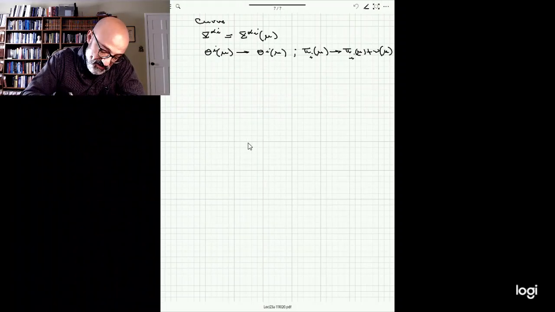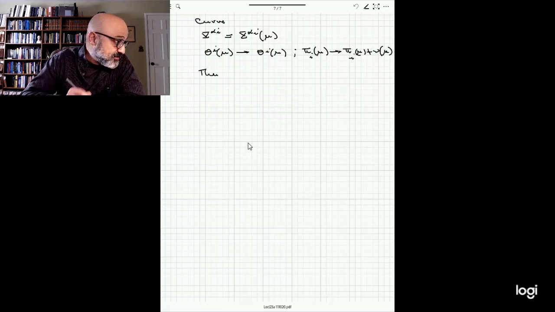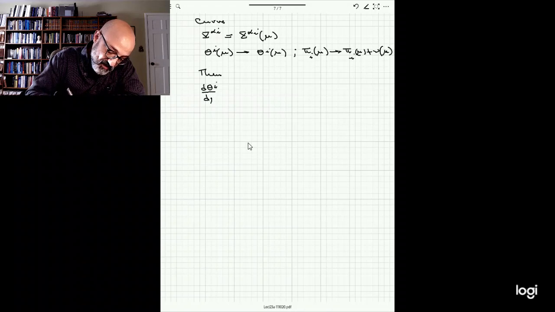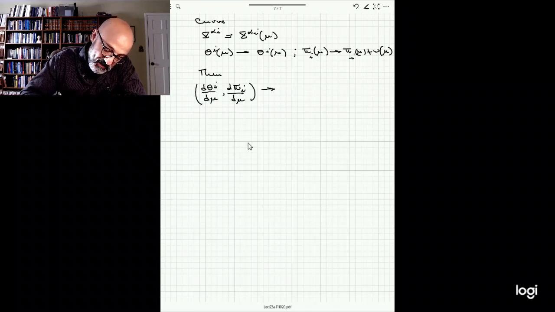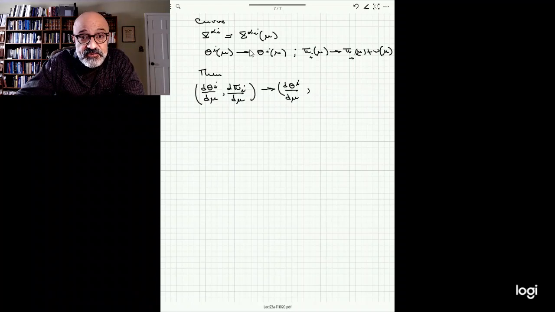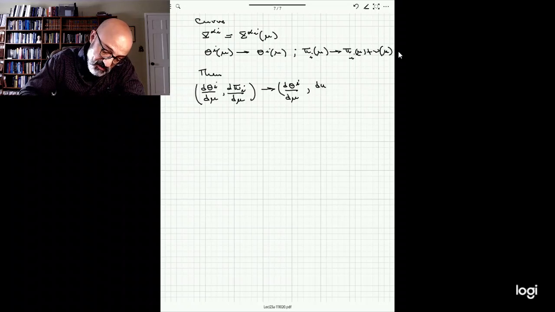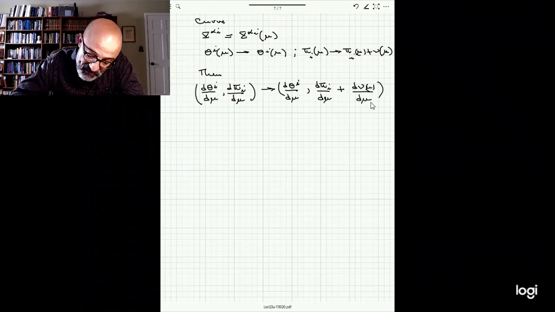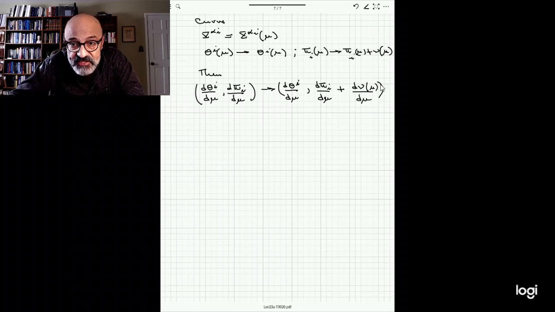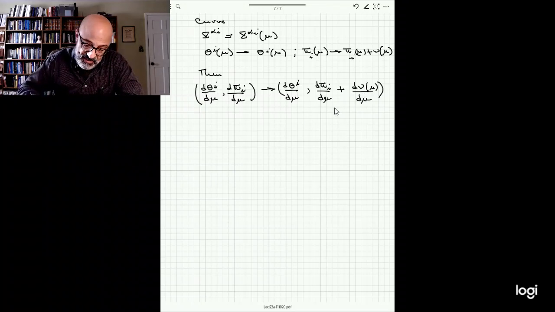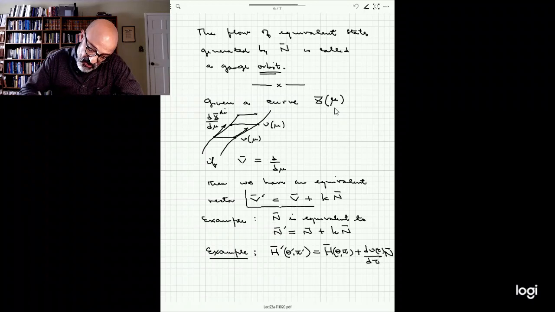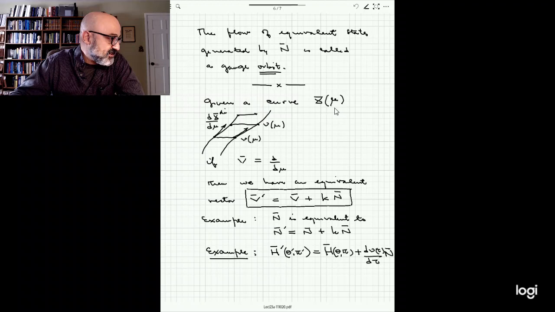So now if we're going to figure out the vector theta I d mu, d pi I d mu, it goes into this nu vector in which the theta components do not change, but the pi components change by a quantity that is constant, not in the sense that it is independent of mu, the point on the trajectory, but it is independent of I. So this is the statement that these vectors here are equivalent because they are tangent to equivalent curves.